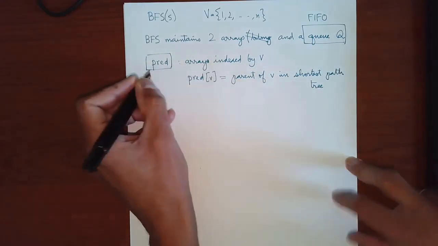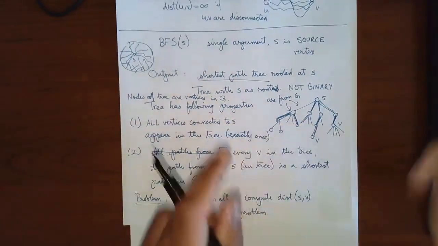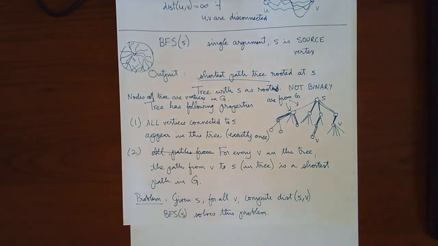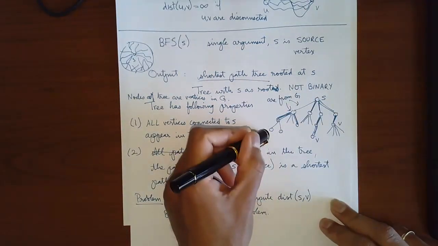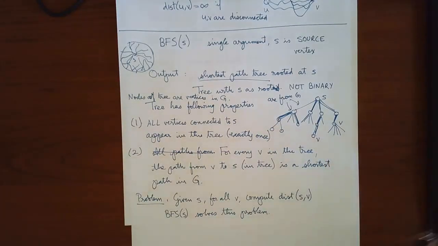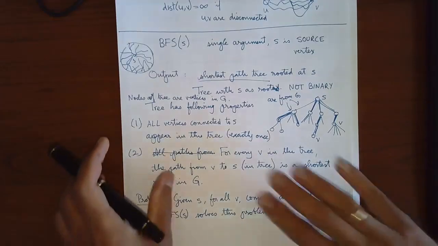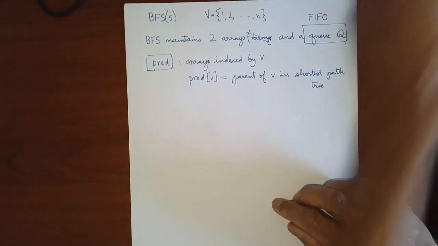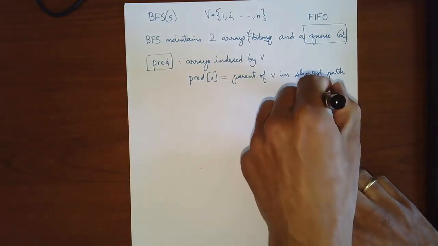You can think of predecessor as just the parent, but it's called predecessor for a reason, and you'll see why. The predecessor array is essentially just going to store the tree, because to store a tree, all you need to store is your parent, right? If every vertex knows who its parent is, then that basically gives you the tree. So all you need is the predecessor array to store the shortest path tree.